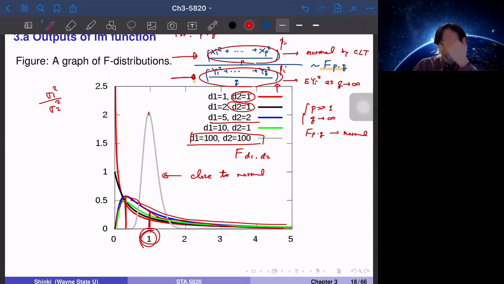It's not exactly the expectation, because the expectation of X over Y is not equal to EX over EY. So we cannot say the expectation of the F distribution is 1, but at least we can say the numerator and denominator both have expectation 1. So it's a kind of centered at 1.